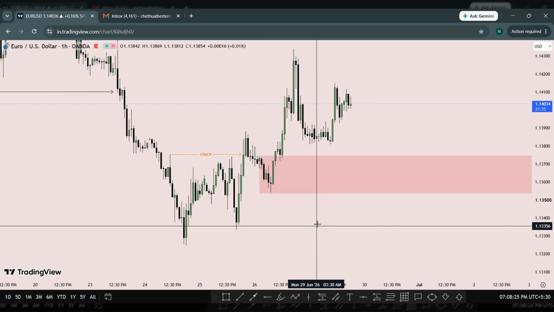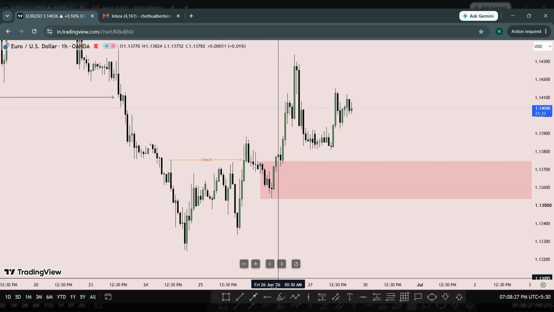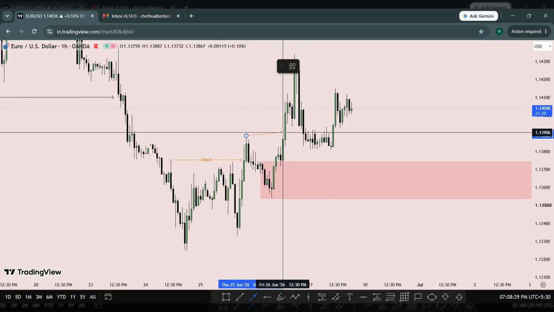In this zone, again, after taking all liquidity, the market breaks this structure also.